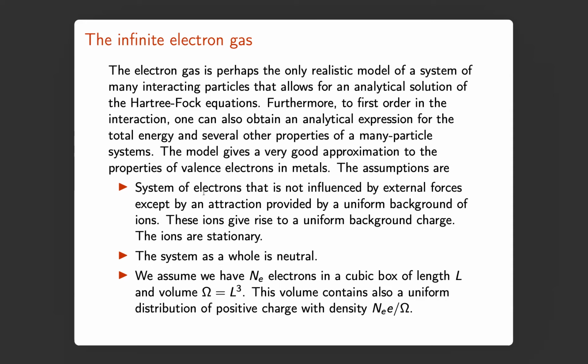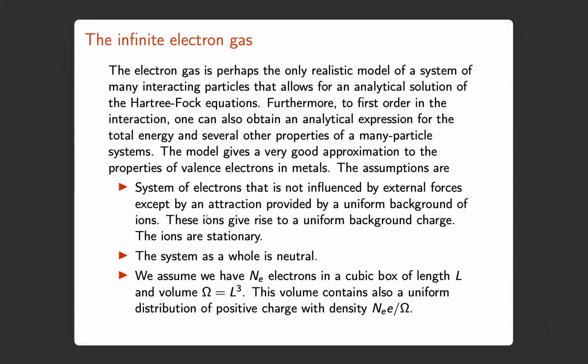So what we are assuming then is that the only thing which the electrons have before we set up an interaction is kinetic energy. And the kinetic energy for an infinite system is essentially given by plane waves, also by a free particle. And the attraction then is provided by a uniform background of ions.